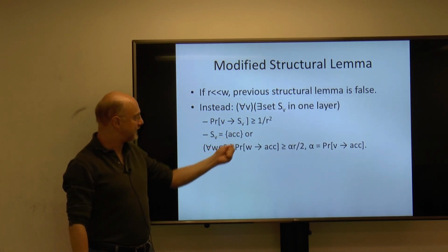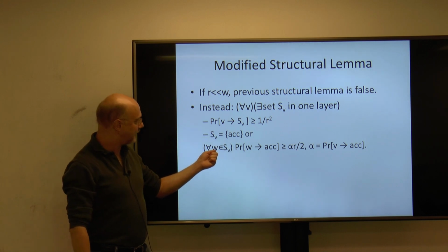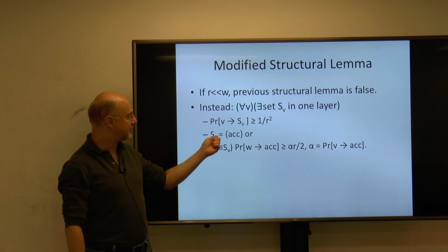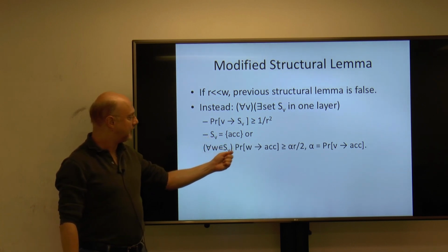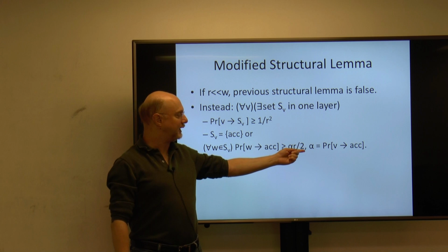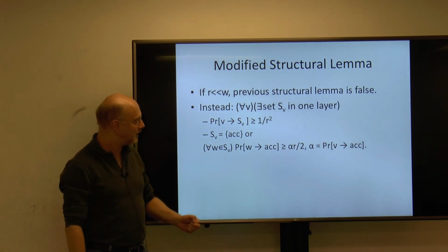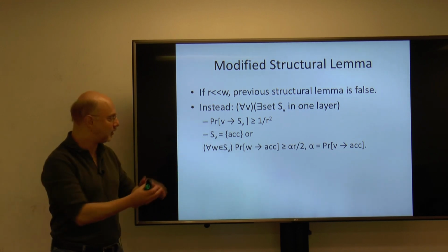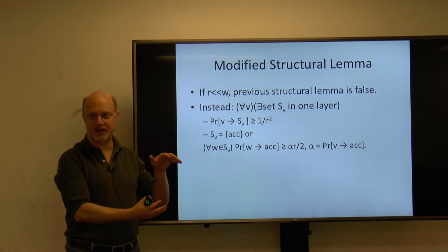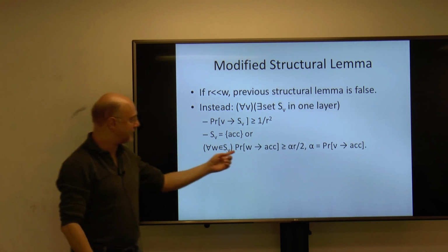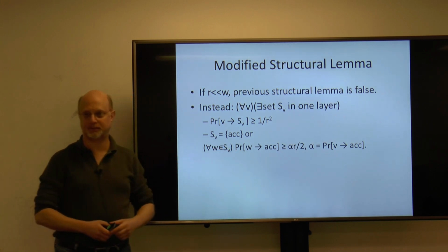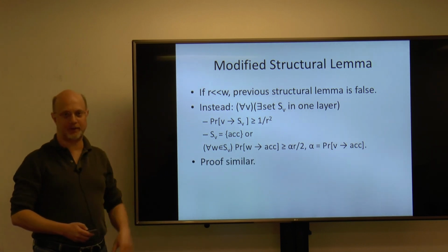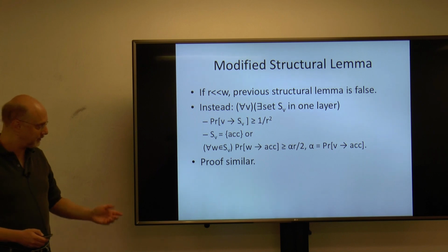And S_V is either the acceptance node or for every node in this layer S_V, the probability that you accept is significantly larger. Okay, so instead of finding one node where we increase the success probability, we find a whole bunch of nodes where the success probability has increased. And we say with good probability we hit that whole set. Okay, and the proof of this is similar, so I won't go through it.